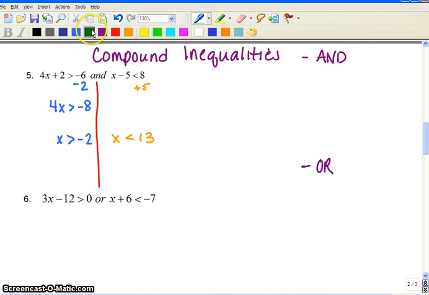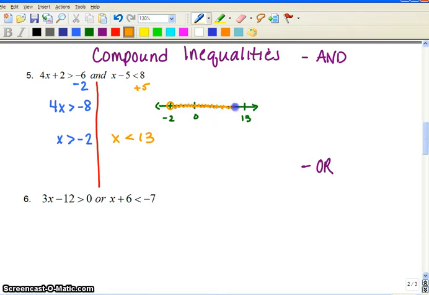So if we are going to graph this solution, put 0 on here, negative 2, and 13. I want my numbers to be bigger than negative 2, so I'm going to put an open circle on negative 2, and I'm thinking about all these numbers. These are all bigger than negative 2. But when you get over here to this orange one, it needs to be less than 13.